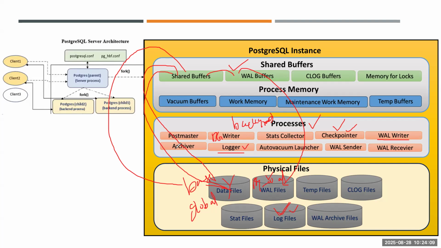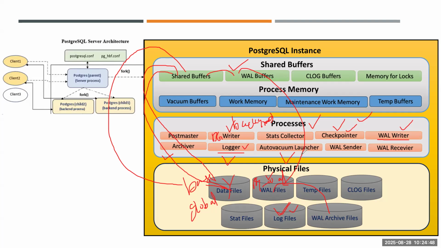When you enable the archive, the WAL archiver thread moves the data from WAL files to archive files to keep the WAL directory healthy. A separate directory will be created. It will move from here to here and keep the WAL file directory always healthy. So background writer, checkpointer, WAL writer, WAL archiver thread, and logger thread are very important.